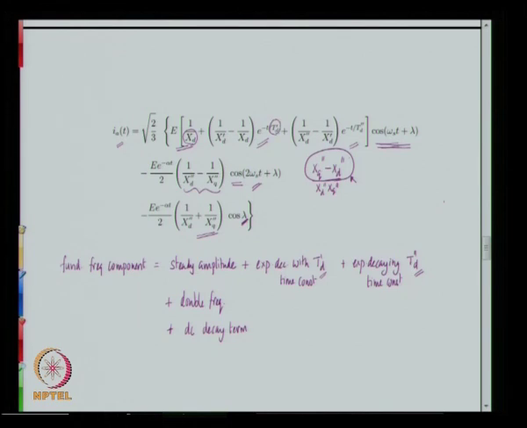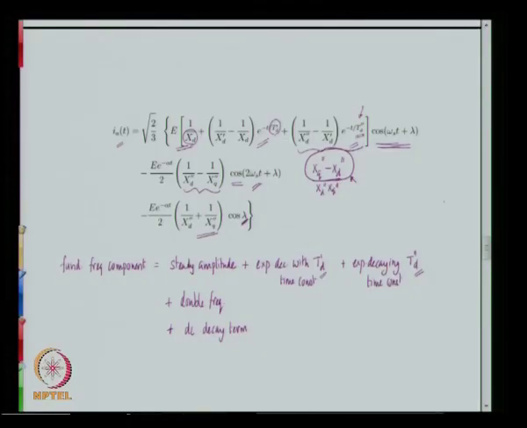And similarly, looking at the exponentially decaying form, we noticed that Td double dash is going to be much smaller than Td dash, and therefore we expect that this part which decays with the time constant Td double dash is going to persist only in the initial small interval. Looking at the decay rates in that initial small interval, it should be feasible to get a value for Td double dash.